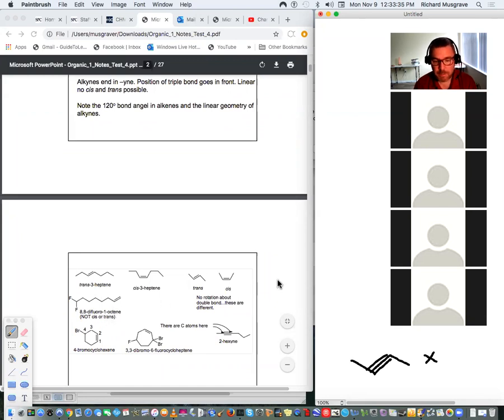The reason for that is, if we were to draw this out, and I'm just going to show the hydrogens on the end, you'll notice that we've got the same thing attached to the end of the C=C double bond. That indicates that we cannot determine cis or trans, just like we couldn't determine E or Z, if you remember back in test 2.